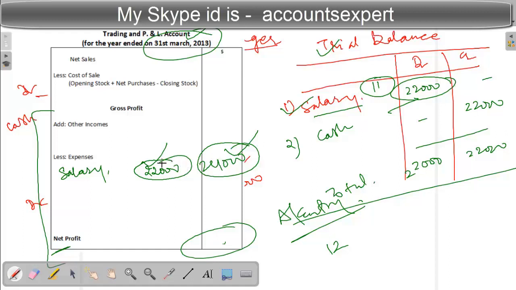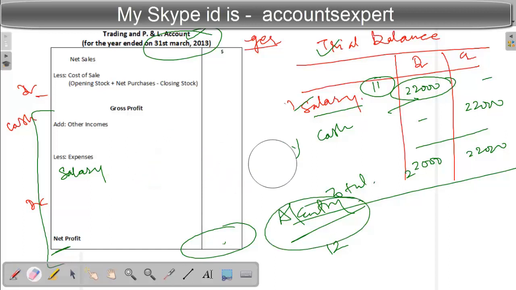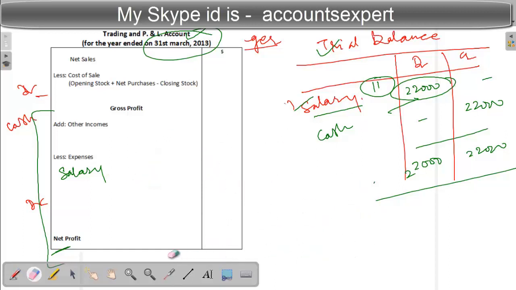Now how to make it possible? How to write salary 24,000 here? Right now our salary is 22,000, and how do we bring it to 24? For this we need to pass an adjustment entry. Got it or not? If you will not pass the adjustment entry, then salary will come here at only 22,000, not at 24,000.